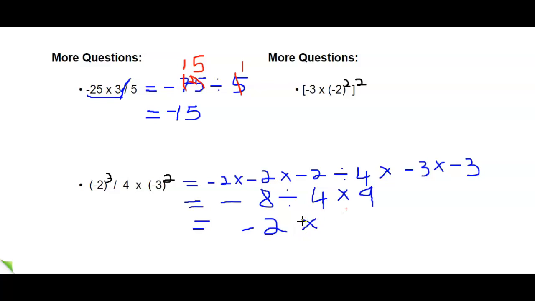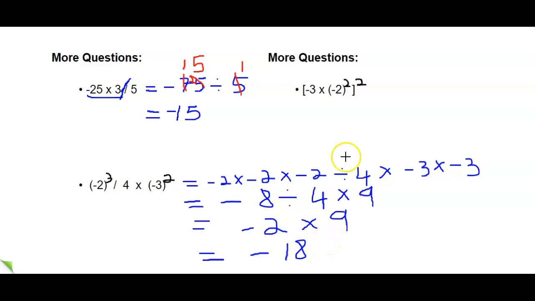Multiplied by 9. Now we have a negative multiplied by a positive. So our answer would be negative. 2 times 9 is 18. So we get negative 18. Right? And that is our answer there.